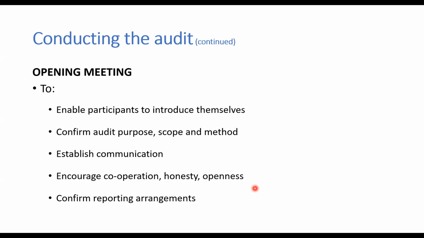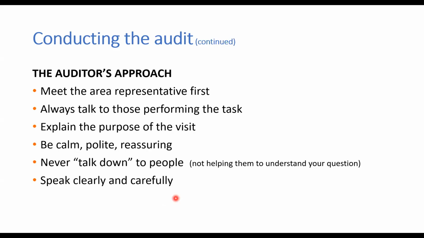So you need to encourage the people for cooperation, honesty and openness, and then confirm the reporting arrangement. Reporting arrangement means that maybe you will announce that you will discuss your findings at the end of the departmental audit, or we will send you a report. Whatever you are going to adopt, you can adopt the method, right?